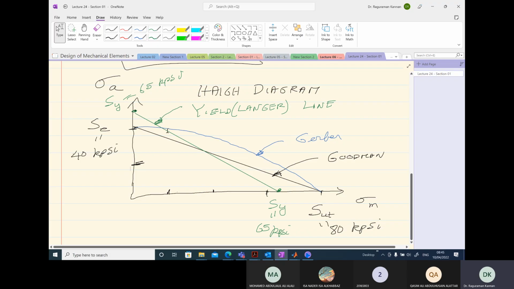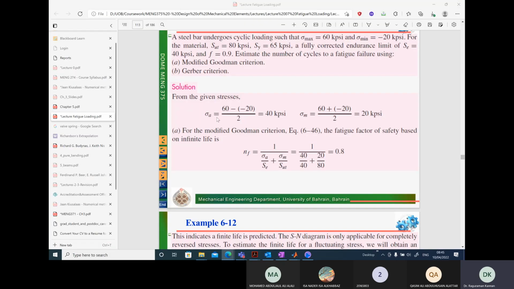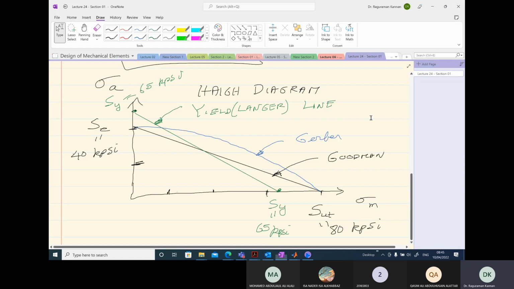We have already crossed the endurance limit clearly, and the mean stress is 20. So let's note down our intersection point is right over here.